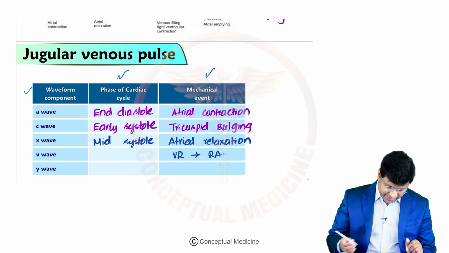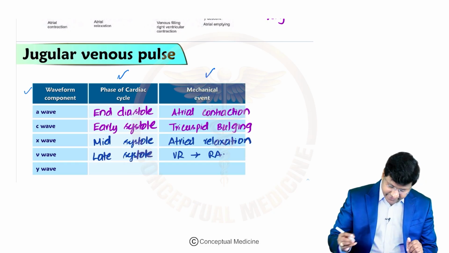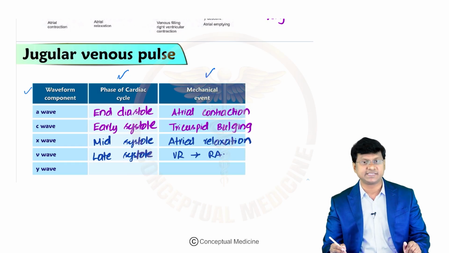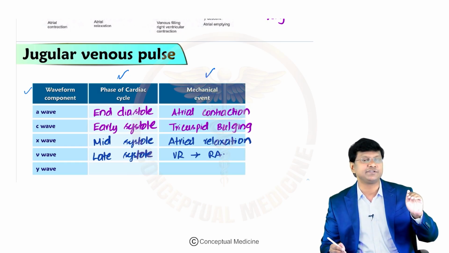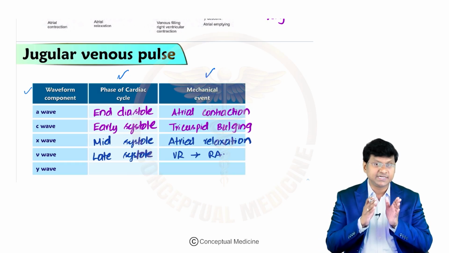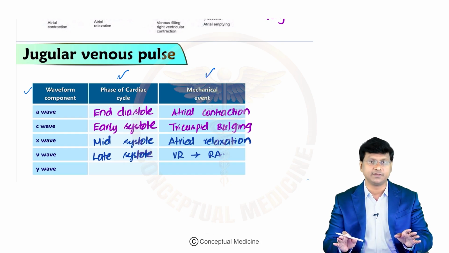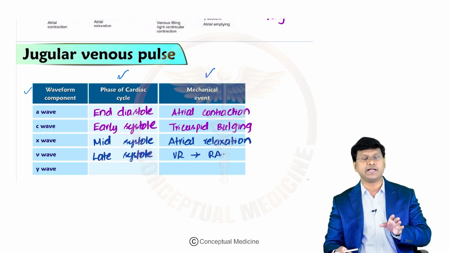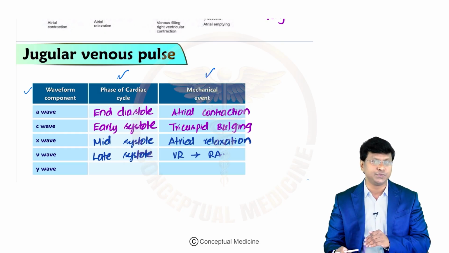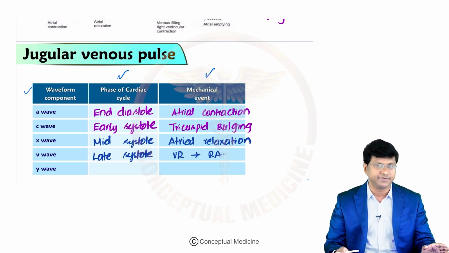The ventricle will be in the late systole, that means it will be an ejection phase into the aorta. And please remember, the cardiac cycle events correspond only to the ventricle. All the events in the cardiac cycle will be ventricular events, they will not be atrial events.